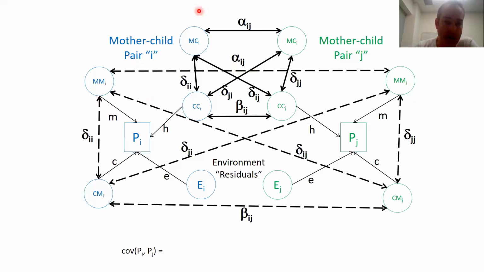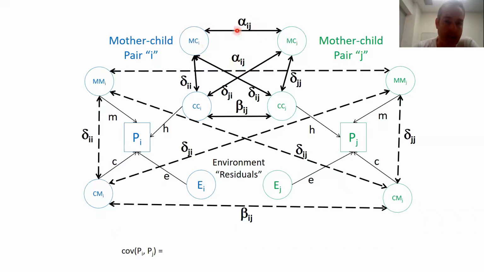different mother-child pairs. So these can be paths that link the similarity between maternal genomes, and they're indicated by these path coefficients alpha.